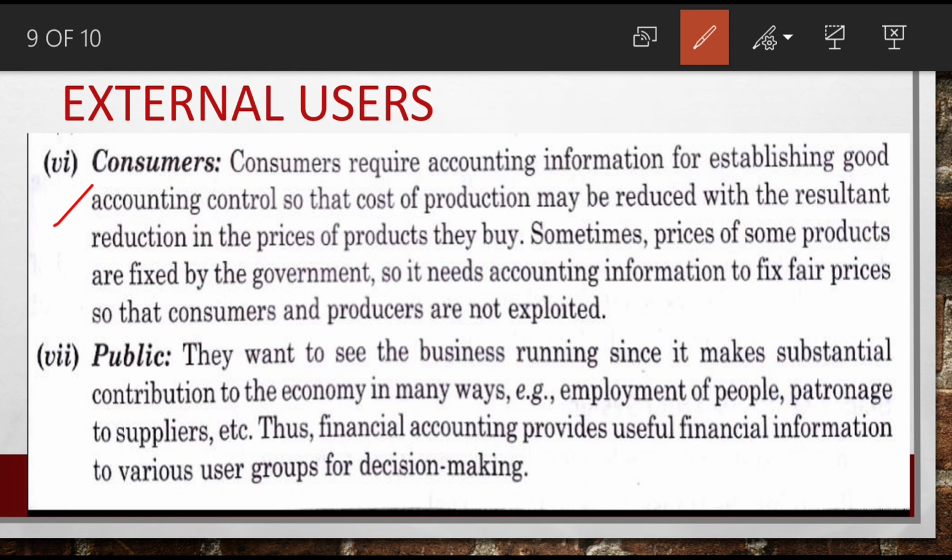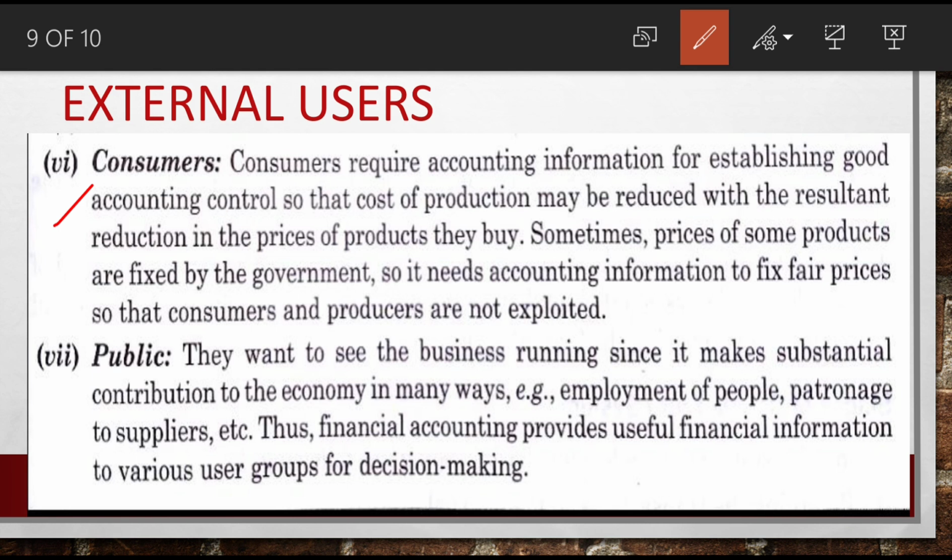Levying a high amount is not good. In such cases, they check whether the amount being spent on that product is adequate. That is one of the pieces of information obtained from accounting only.